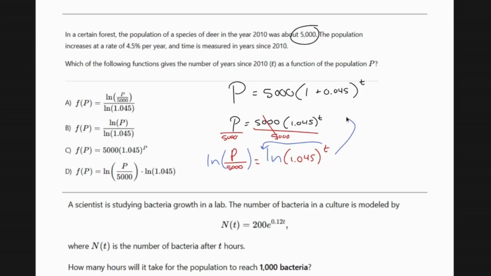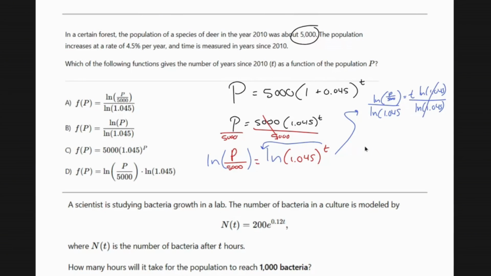So this ends up being ln of P over 5,000 equals t ln of 1.045. Divide both sides by ln of 1.045.